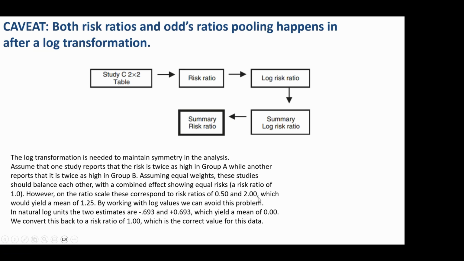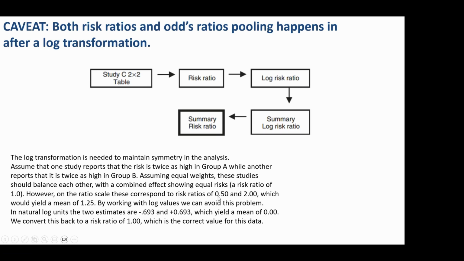So if you calculate inputting fake data, so that the number of dead people is twice the number of survived, and vice versa, you get risk ratios of 0.5 and 2. And if you take the mean, you see that it is not a mean without effect, it is 1.25, not balanced.